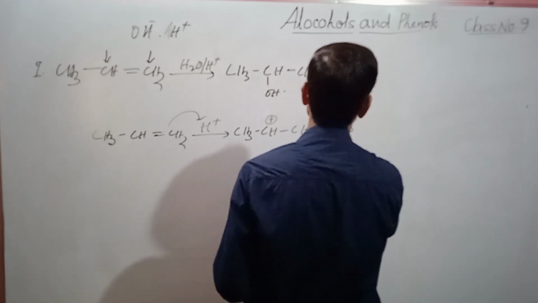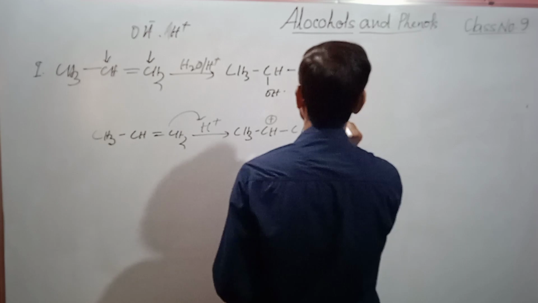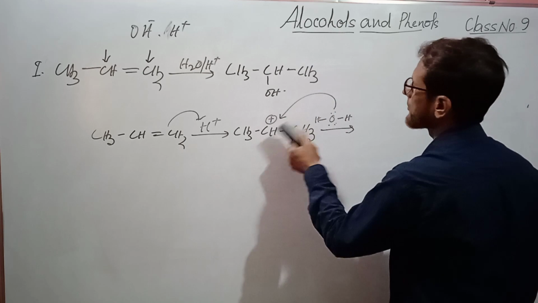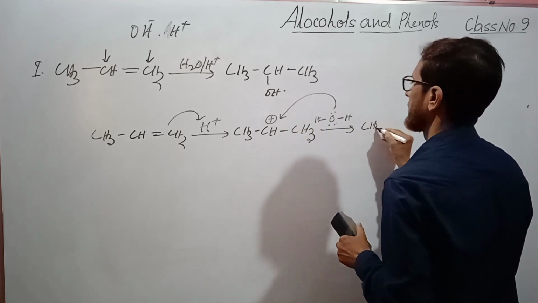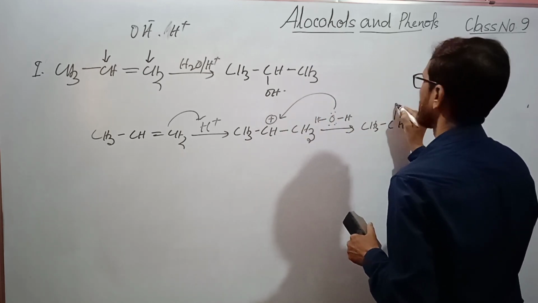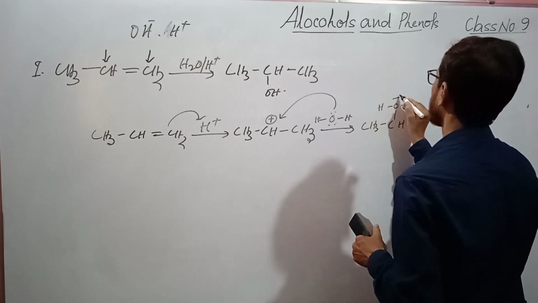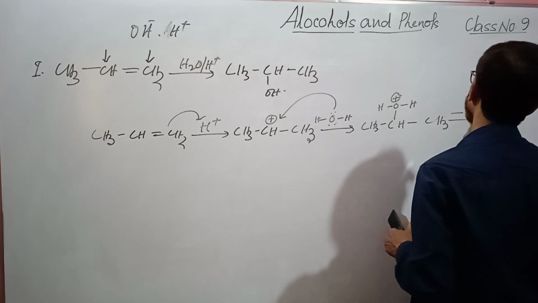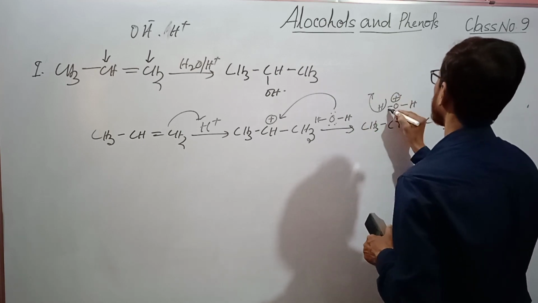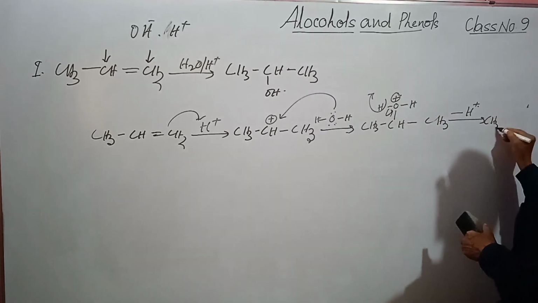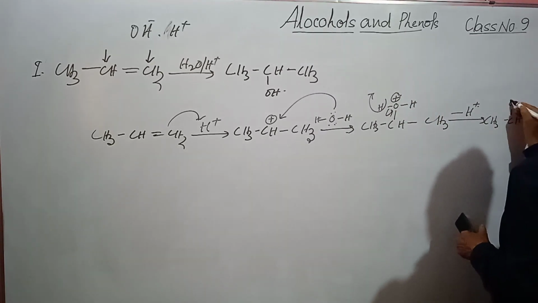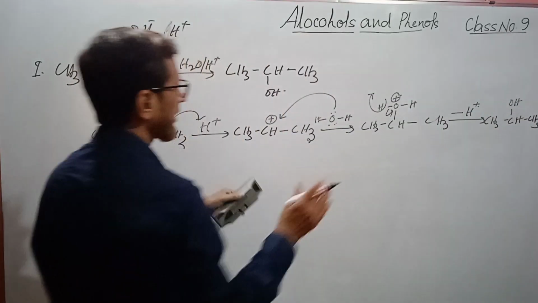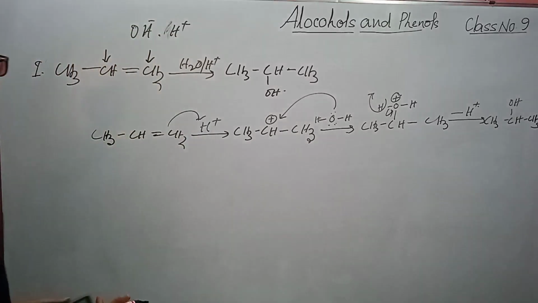Water is there again and will attack here, that means attachment of this CH3 CH and H plus this CH3. The next step is deprotonation. So you get CH3 CH OH. If you can't understand, the mechanism is very simple. You just follow this one.